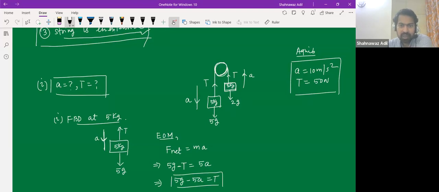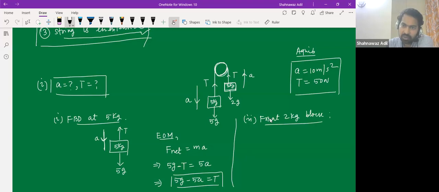Now let us write the FBD at the 2 kg block. If we write the FBD of the 2 kg block, this is 2 kg, and acceleration is going upwards.